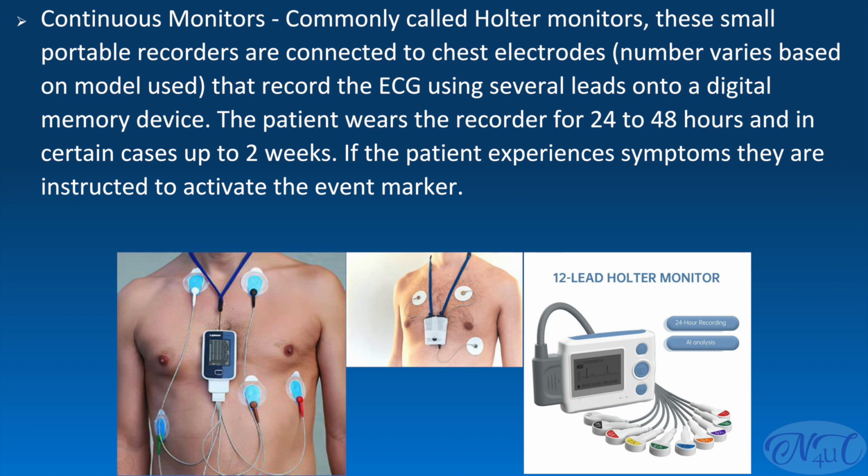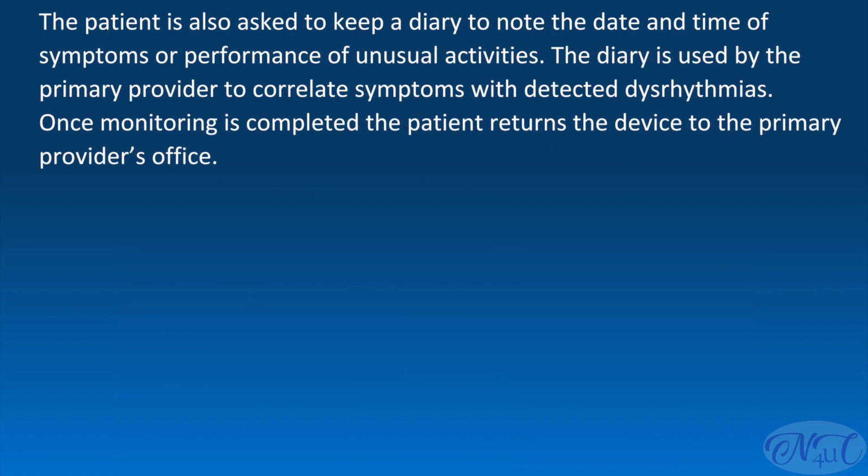If the patient experiences symptoms, they are instructed to activate the event marker. The patient is also asked to keep a diary to note the date and time of symptoms or performance of unusual activities. The diary is used by the primary provider to correlate symptoms with detected dysrhythmias.